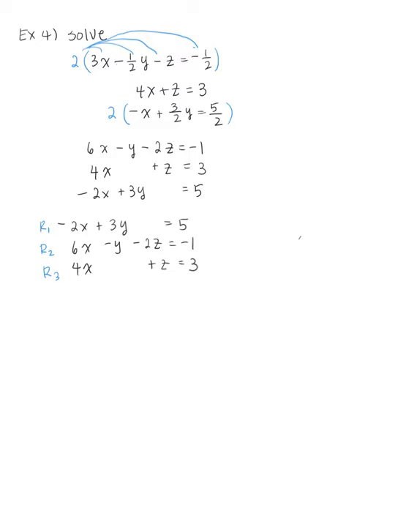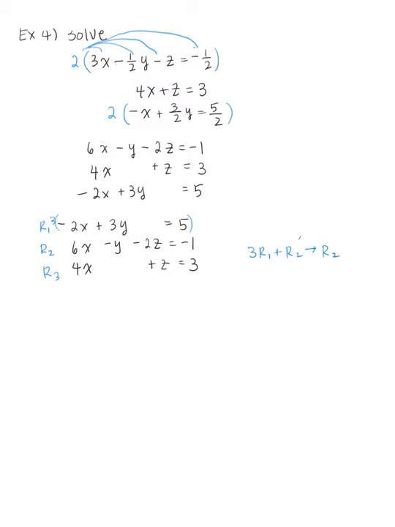Let me write that out. This is all going to be my side work on the right-hand side. So what I'm going to do is 3 row 1 plus row 2, and write that new result in row 2. Let me multiply row 1 by 3.